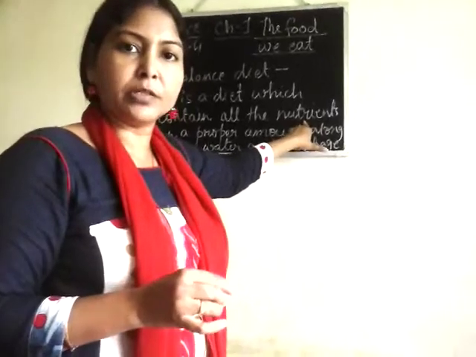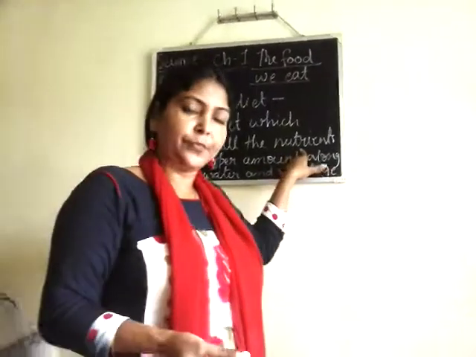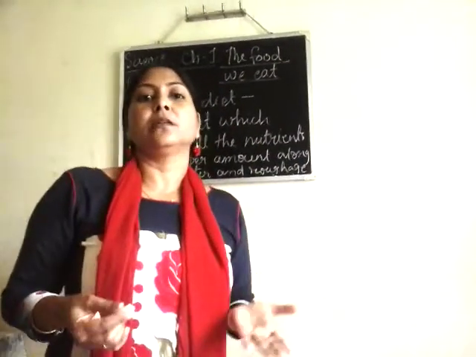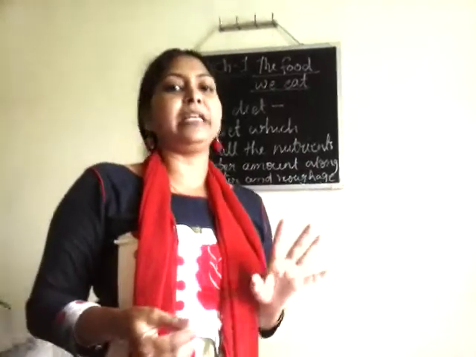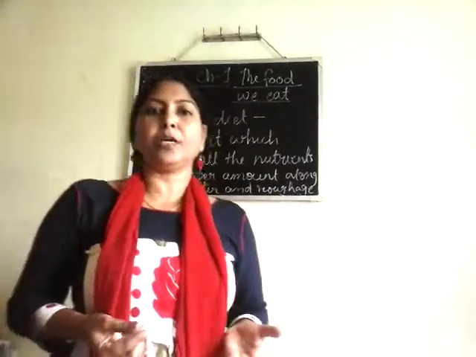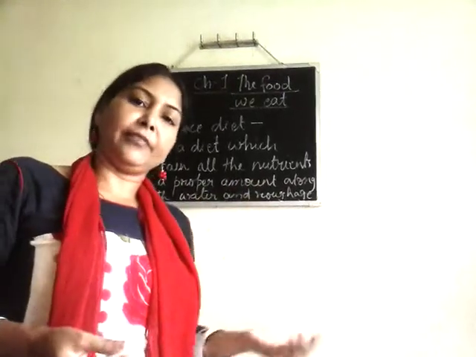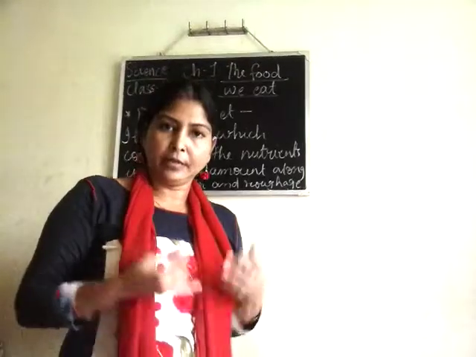And you know the importance of water and roughage. Roughage helps us to digest the food, and water helps to absorb the nutrients and also to remove the waste material from our body in the form of urine. So water and roughage are also important along with all the 5 nutrients in our diet.